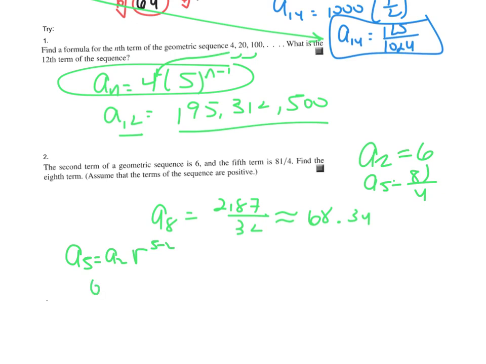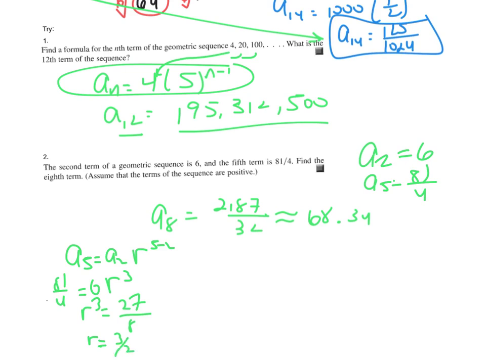So that means 81 over 4 equals 6 times r to the 3. Divide by 6 on both sides, cube root it. And that means you get r to the third equals 27 over 8, which means r, when you cube root both sides, you get 3 over 2.